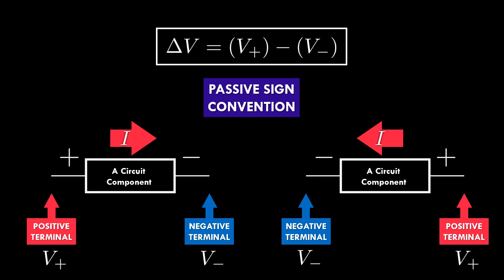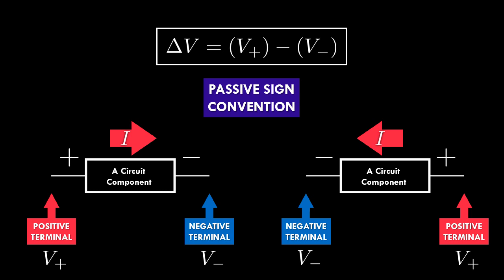Whatever the case, as long as everyone in a country drives on the same side of the road, there will be fewer accidents. So, driving on the left side is the convention in our country, and if everyone follows this convention, we can prevent a lot of accidents. In the same way, passive sign convention makes sure we don't run into an accident. So, always follow passive sign convention.